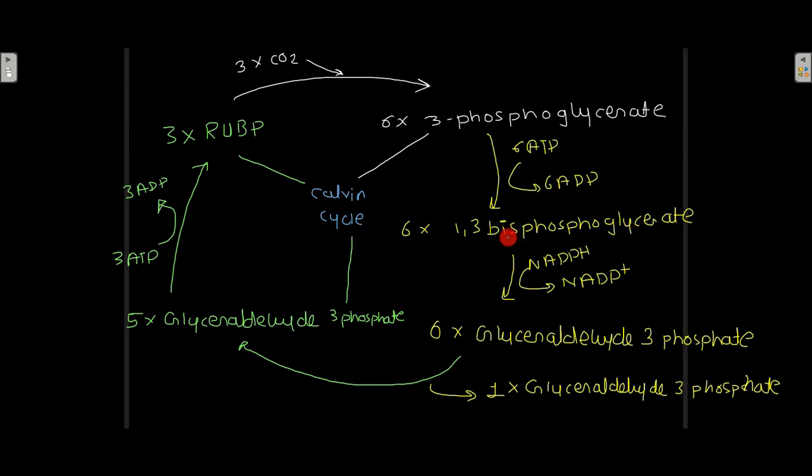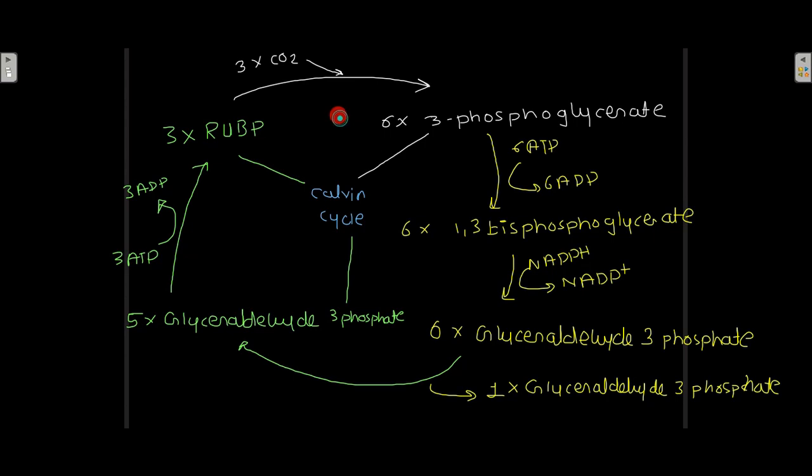Now these are reduced and then 6 molecules of glyceraldehyde 3 phosphate are formed, and out of these 6 molecules, 1 molecule is released and used for further carbohydrate production. 1 molecule exits the Calvin cycle, and we are left with 5 molecules of glyceraldehyde 3 phosphate. Now these are used to regenerate 3 RuBP again, and in this process 3 ATP are utilized.